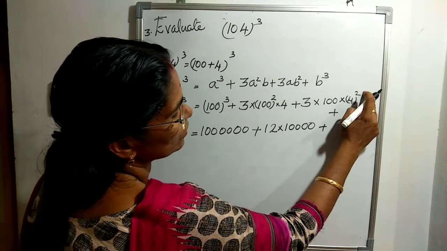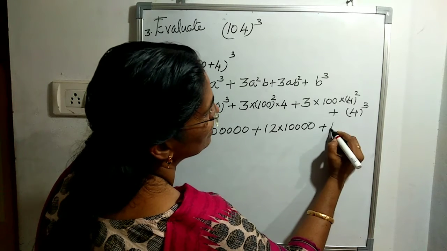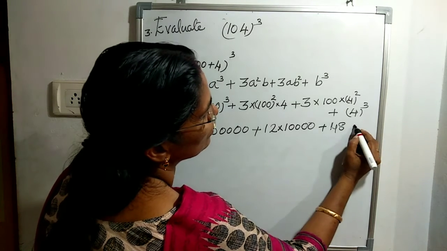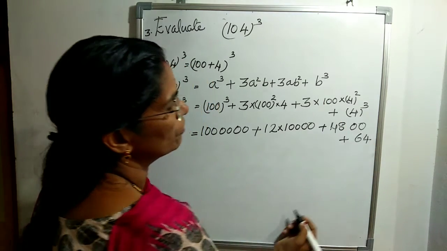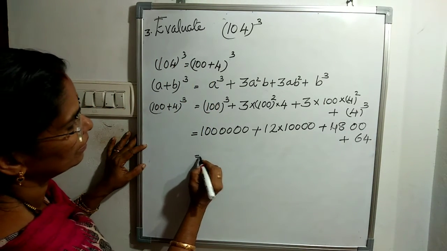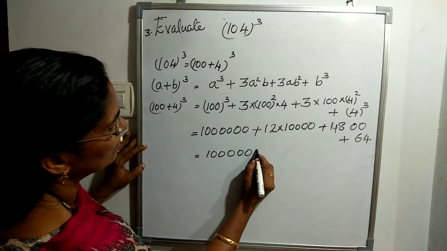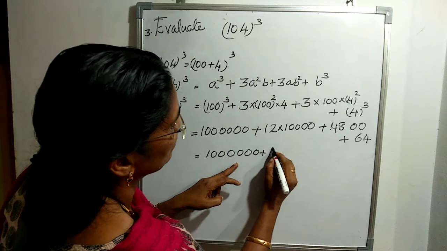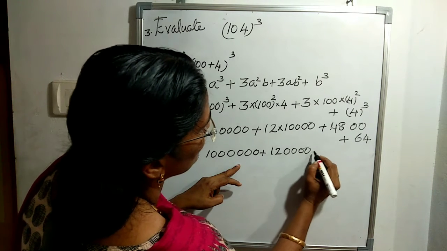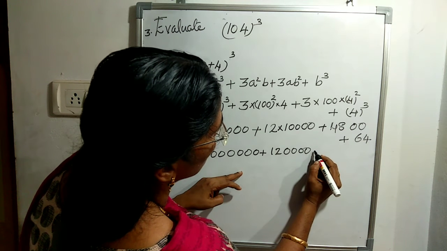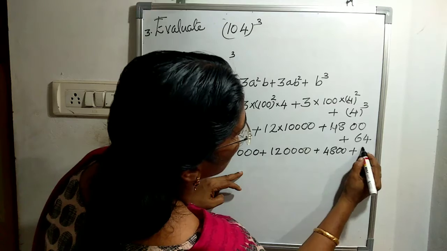Plus 4 square is 16, 16 into 3 is 48, and 2 zeros will be there. 4 cube is 64. So 1,000,000 plus 120,000 plus 4,800 plus 64.